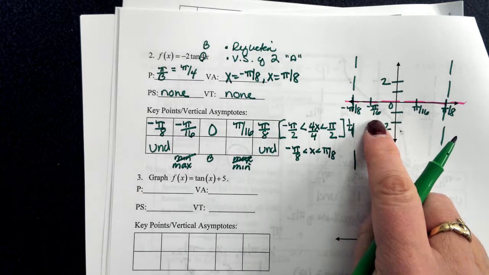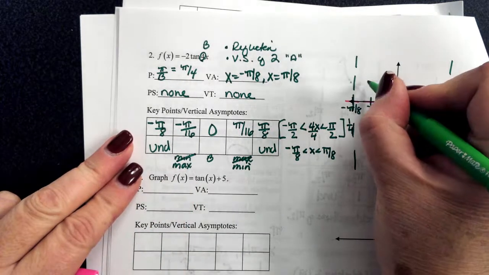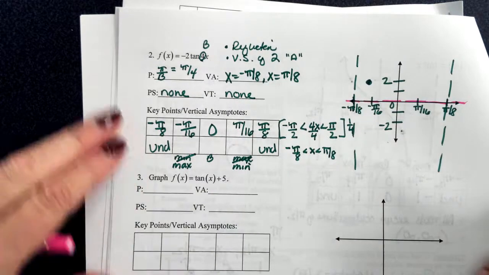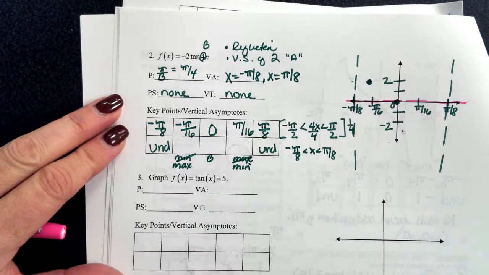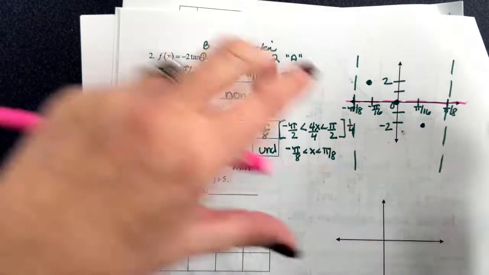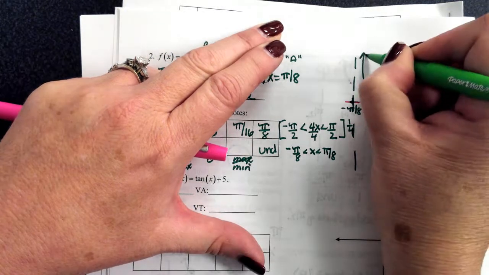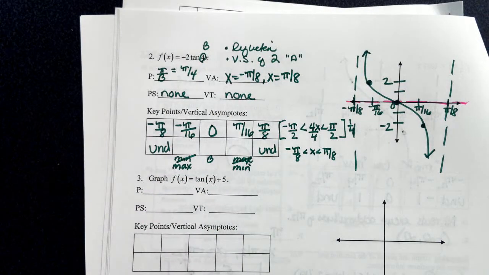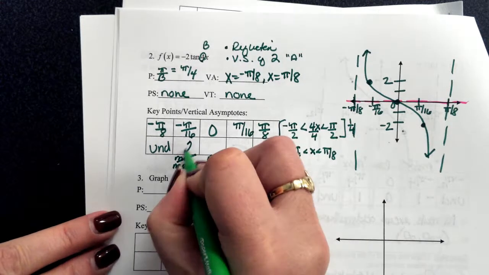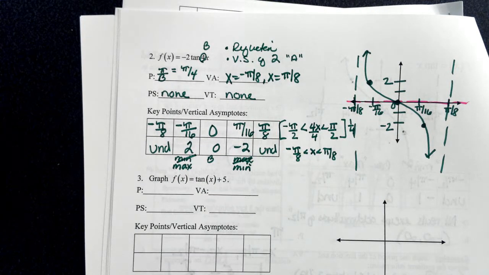So at negative pi over 16, the key point is going to be 2 units above the x-axis. Then you have a baseline point, and then at pi over 16, that will be 2 units below your baseline. So that's what your tangent curve looks like with a reflection. So any questions on example 2?